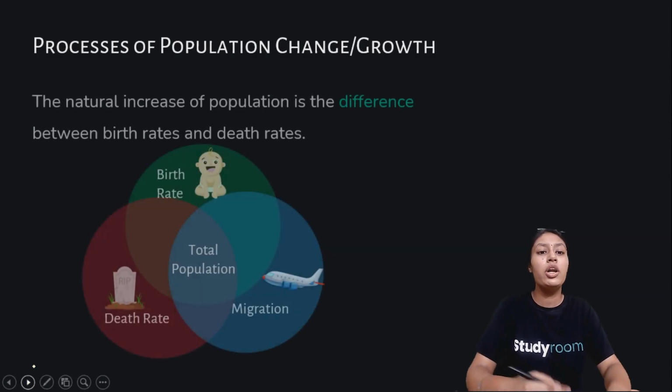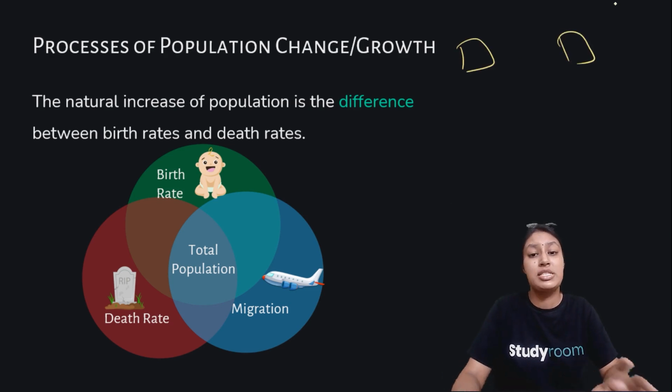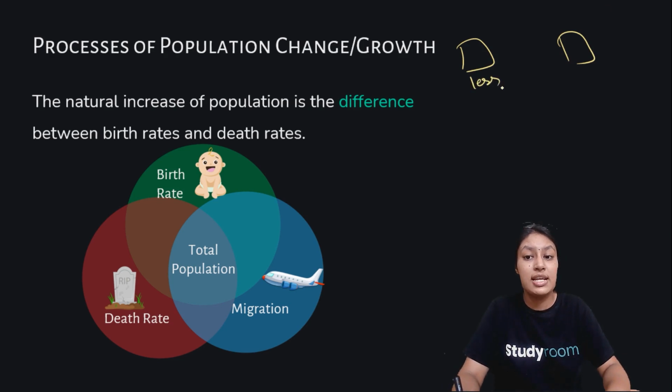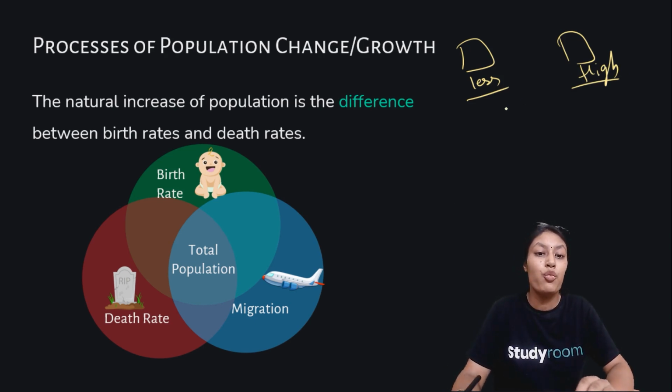Moving on, we now understand the reasons for the change in population. For example, these are two different areas, and in this area population is less, and in this area population is high. Now we have already studied the factors that influence people moving, but why exactly does population change?